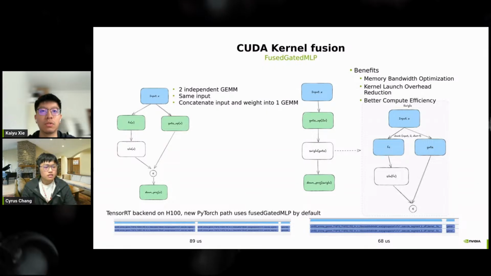The third is better compute efficiency. One large GEMM is faster than two small GEMMs. First, it has higher arithmetic intensity, which means more FLOPs per byte. Second, on modern GPUs, for example Ampere, Hopper, and the new Blackwell, it can have better utilization of the tensor cores because the problem shapes are larger.